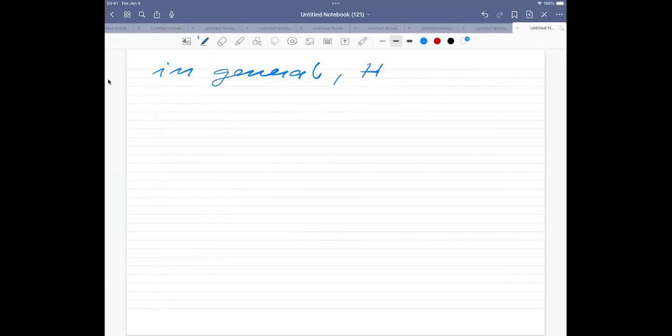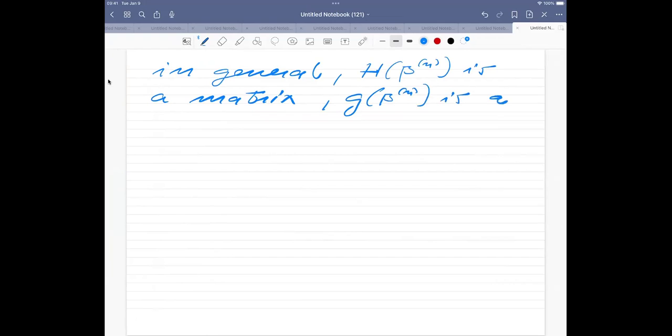H of beta of n is a matrix. G of beta of n is a vector. G has a dimensionality, or length, given by P, the number of features.